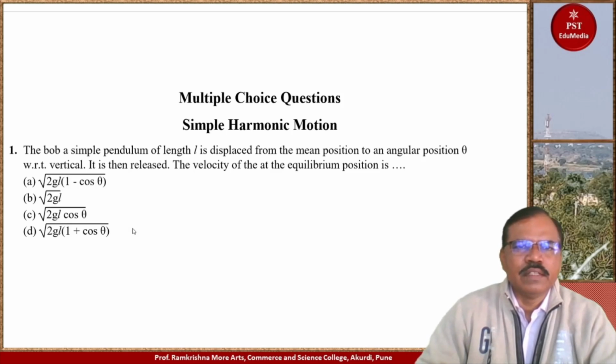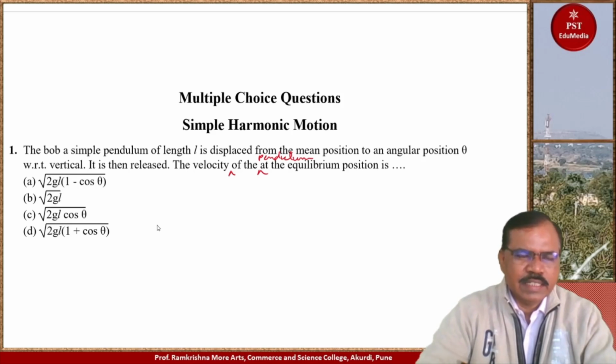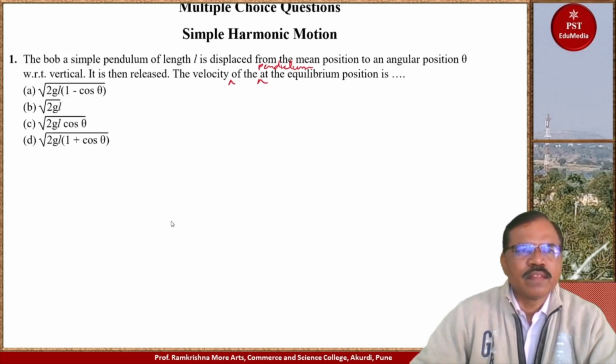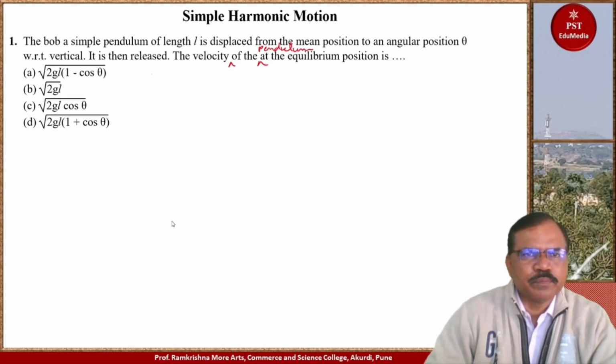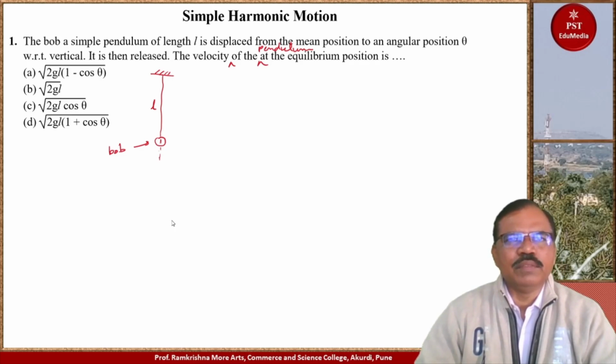Velocity of the pendulum at equilibrium position. So what is given here? Suppose this is a simple pendulum of length L and this is the bob. This one is the vertical axis. L is the length of the pendulum.